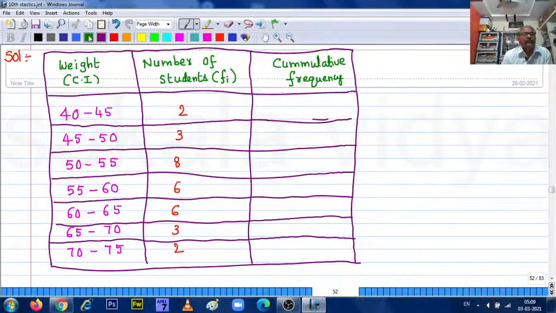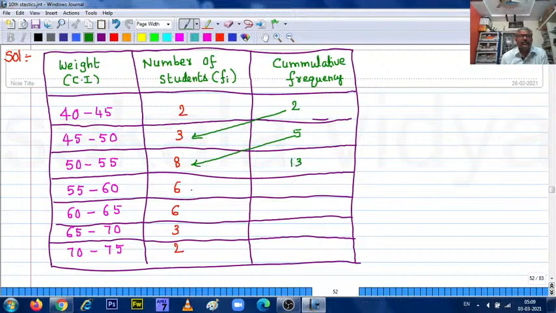Now let us write the cumulative frequency. First write down 2, next add 2 and 3, which is 5. Add 8, 5 plus 8 is 13.